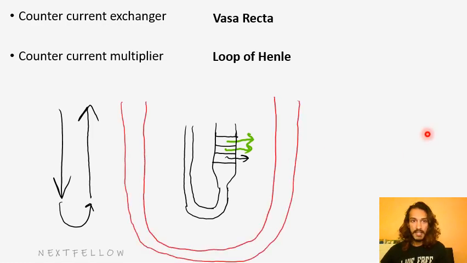Now we have your vasa recta. It's called the countercurrent exchanger. So this countercurrent multiplier, which is loop of Henle, is what generates the osmotic gradient. Once it is generated, it has to be maintained. Your osmotic gradient is created. You have your hyperosmolar interstitial fluid over here, so that should not be washed out.